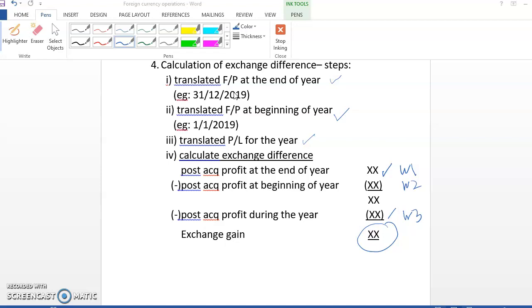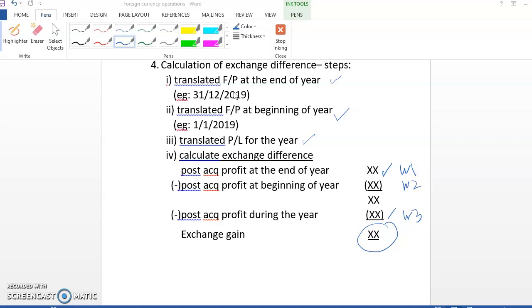For step number 2, translated financial position at the beginning of the year, we translate at the beginning of the accounting period, that is on the 1st January year 7. But in this question, there is no need to prepare step number 2, because we don't have any post-acquisition profit at the beginning of the year.